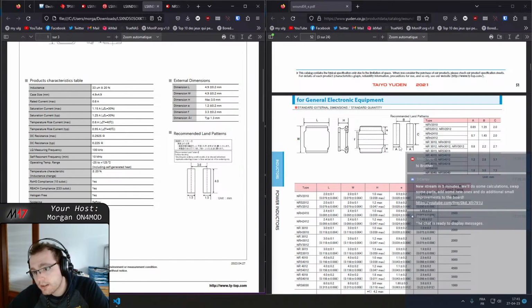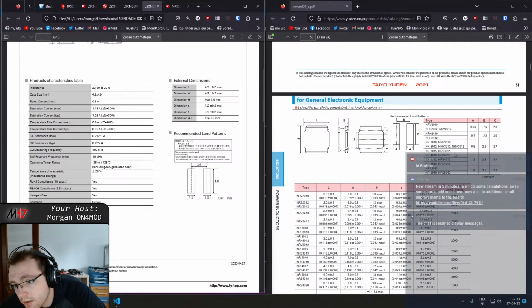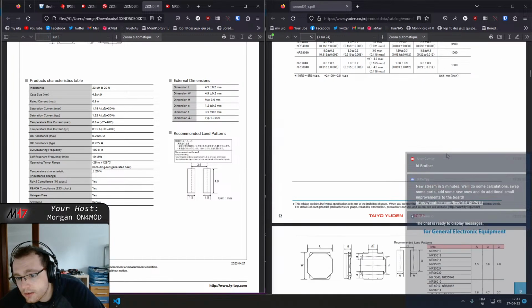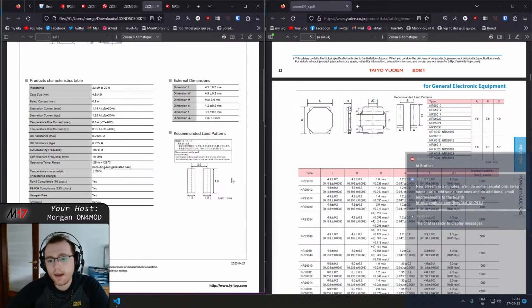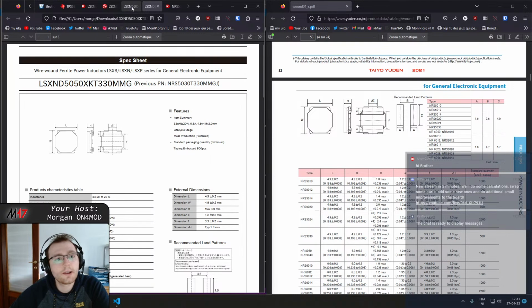And we were looking at NRS 5030. Okay, NRS 5030. A, it's 1.5, same here. Spacing B 3.6, same, and C is 4, same. Exactly the same footprint. So I'm gonna pick that.